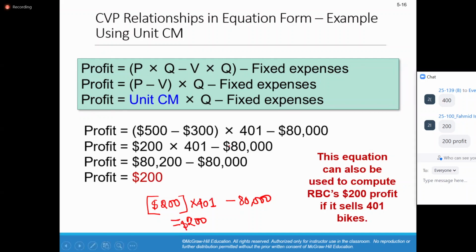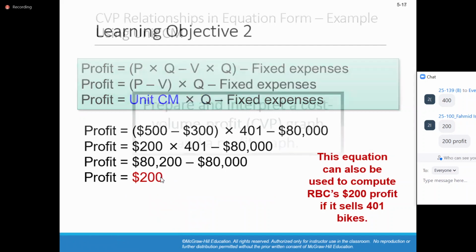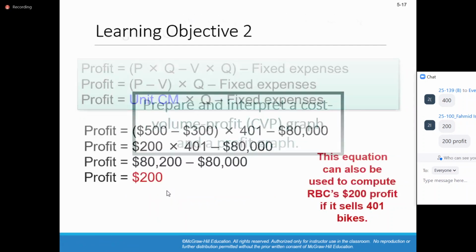So these are the same things, but we are expressing one in manual form and another one is equation form. Now we are looking at if we express the number in the unit contribution margin, what will happen? So we have taken here the contribution margin per unit directly.